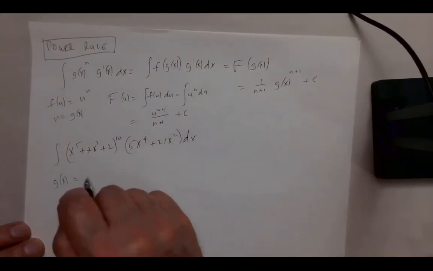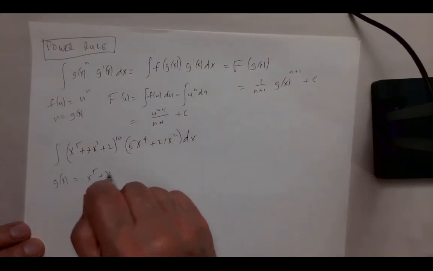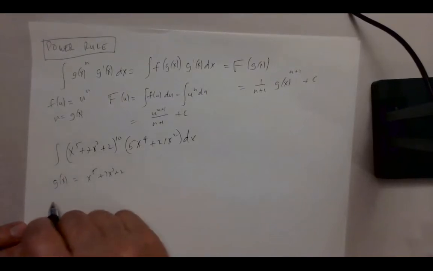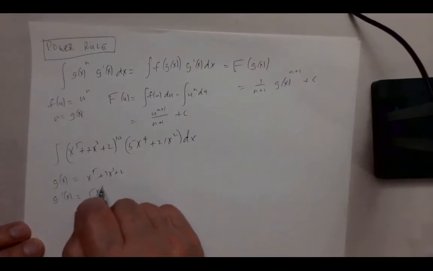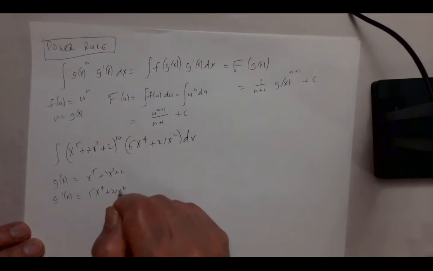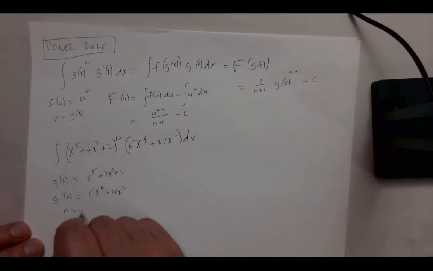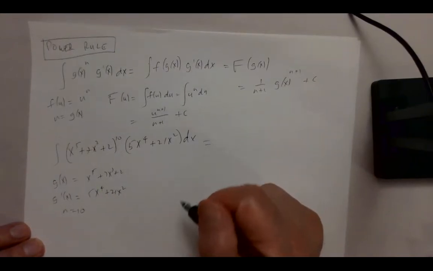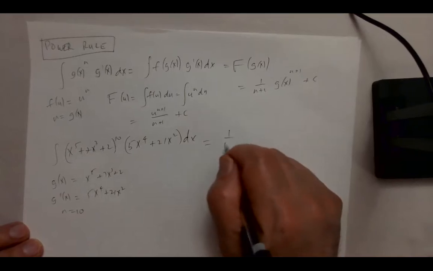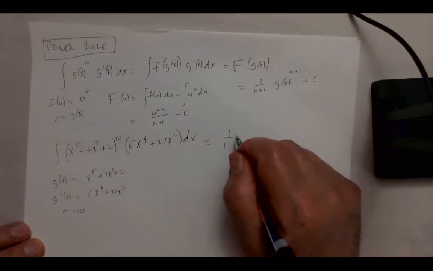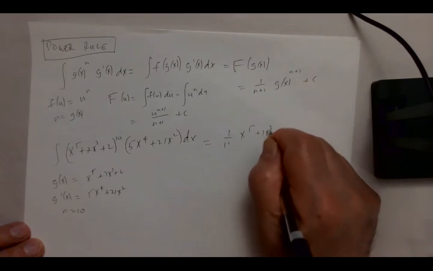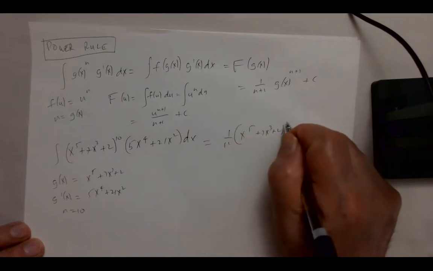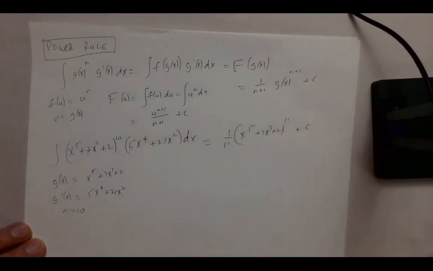If we let g of x equal x to the fifth plus 7x cubed plus 2, then g prime of x is 5x to the fourth plus 21x squared, and n is equal to 10. This is exactly 1 over 11 times (x to the fifth plus 7x cubed plus 2) raised to the 11th power, plus a constant.